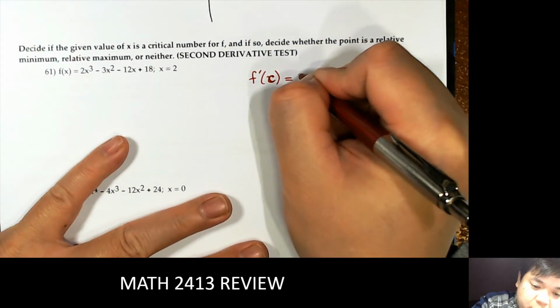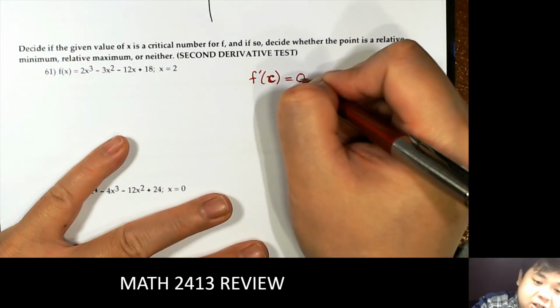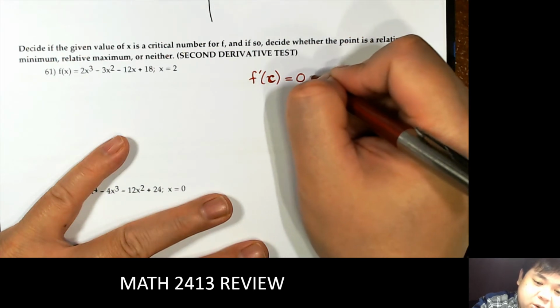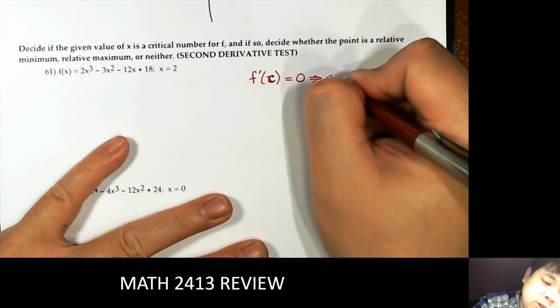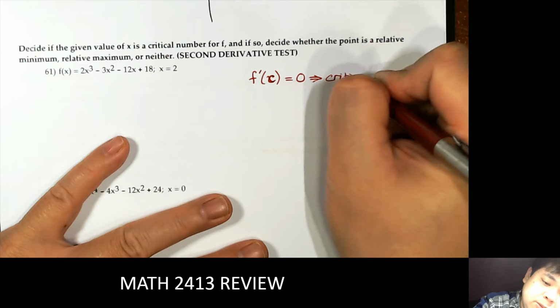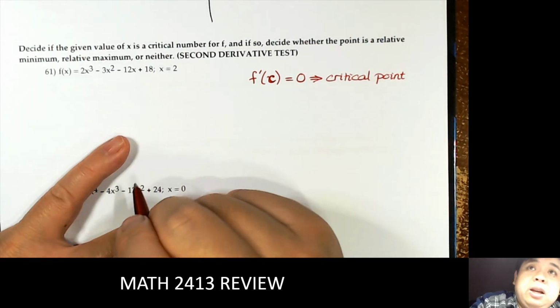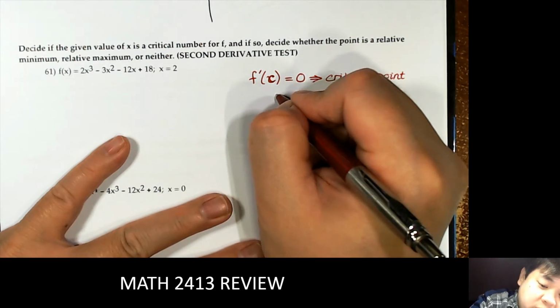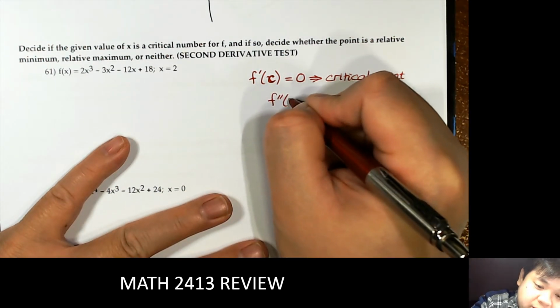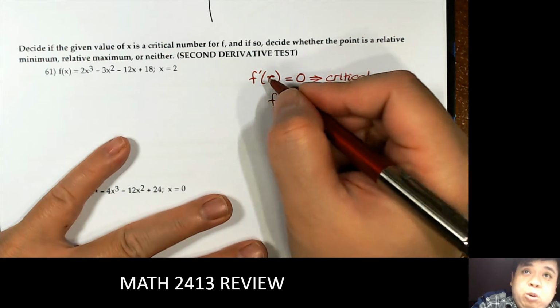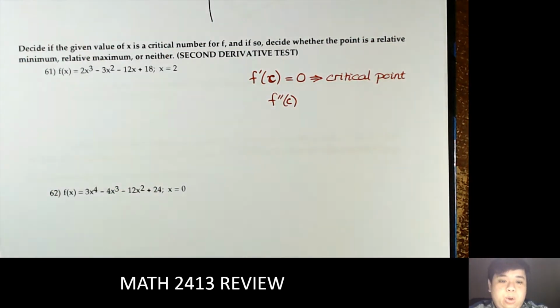If it is equal to 0, then it is a critical point, and we can proceed to the second derivative. If the derivative does not exist or is not equal to 0, we cannot go any further.